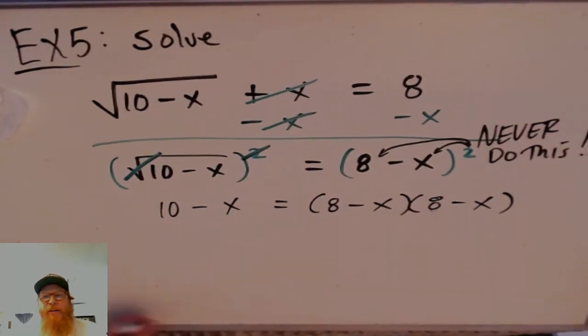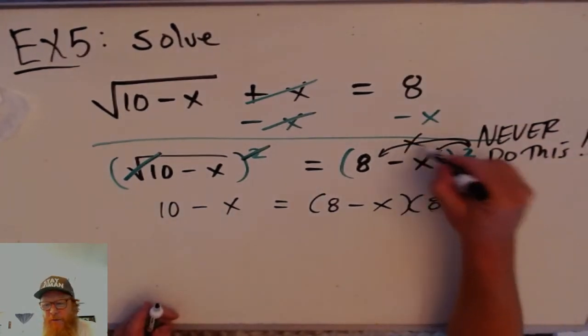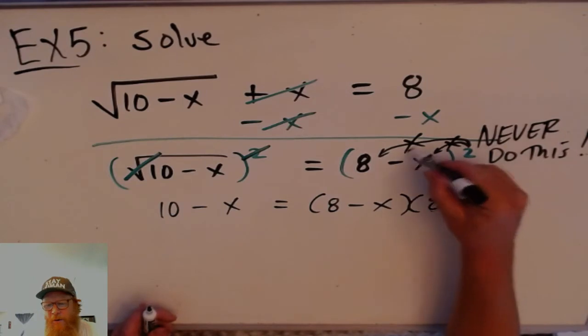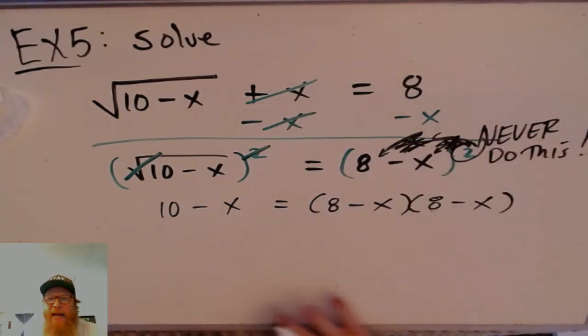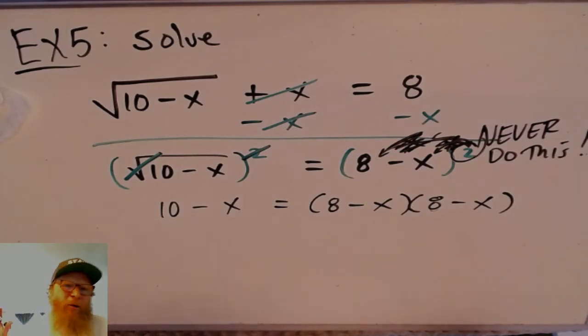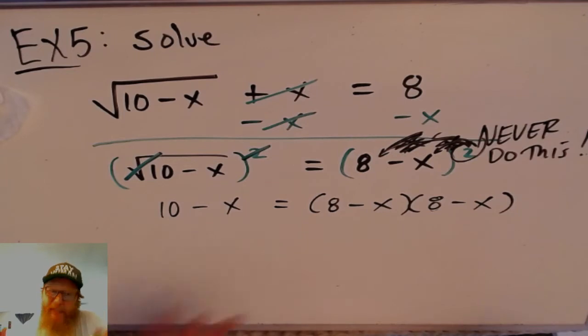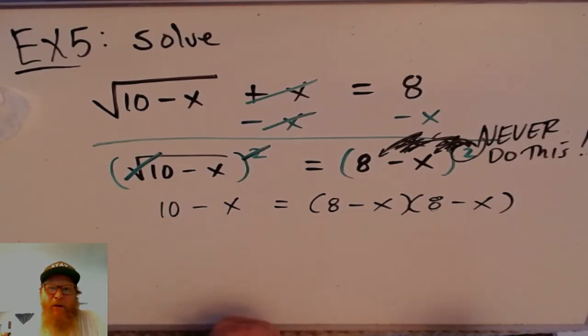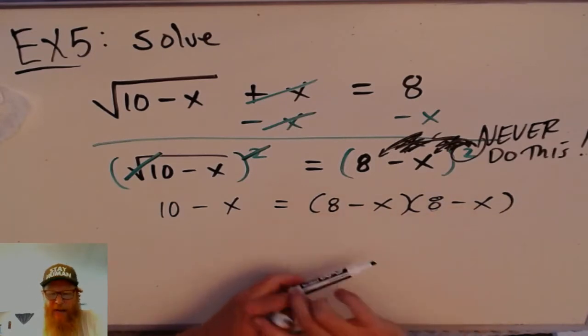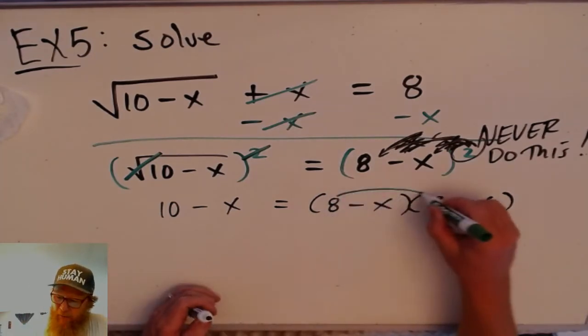Every single time. If you take your exponent and try to plop it inside, that is always going to be incorrect. It is never going to give you the right answer. It is tempting to do it because it's really easy, but it's always the wrong thing to do. Write it out twice and do it the long way.